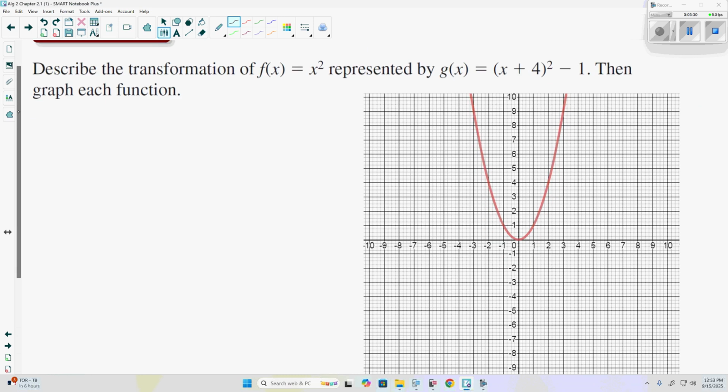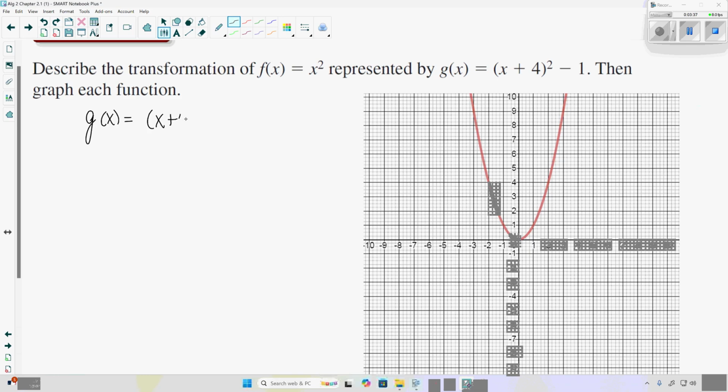So I'm going to rewrite this function over here, g of x equals parentheses x plus 4 squared minus 1. h and k.